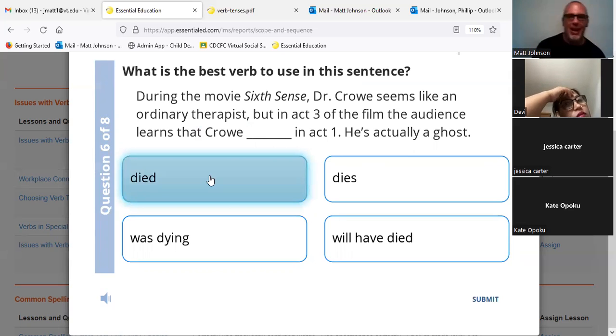So if you don't know what happens in Sixth Sense yet, I guess you can't expect to not be spoiled. I just thought that was funny, because that was always like one of the big spoilers. Nobody spoils the Sixth Sense for people because it's such a big moment in the movie. But anyway, yeah. So past tense, simple past tense. Dr. Crow died in Act 1. That's such a good movie.